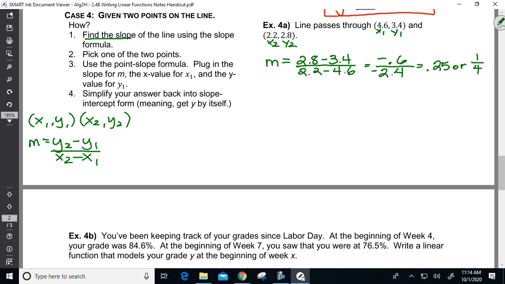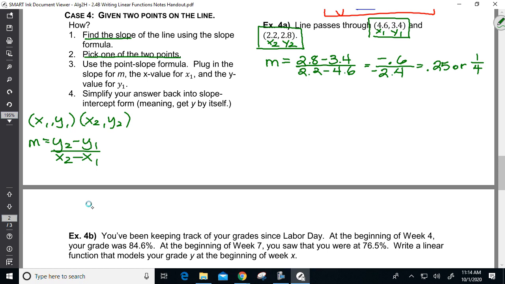So that's step 1. Find the slope. Step 2. Pick one of the 2 points. Don't make that harder than what it is. Just pick one. So you're either going to pick the first point or the second point. It doesn't matter which one you pick.